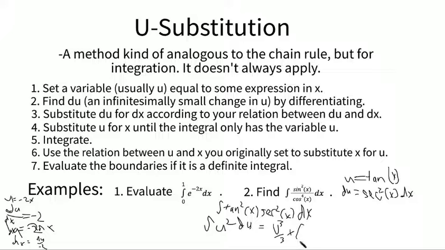Since we don't have to do step 7, step 6 is the last step. We just use the relation between u and x, u equals tangent of x, and substitute it back in to get it in terms of x. So this is tangent to the third of x over 3 plus c, because u to the third is tangent to the third of x.